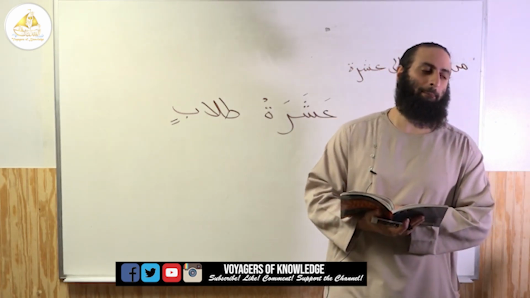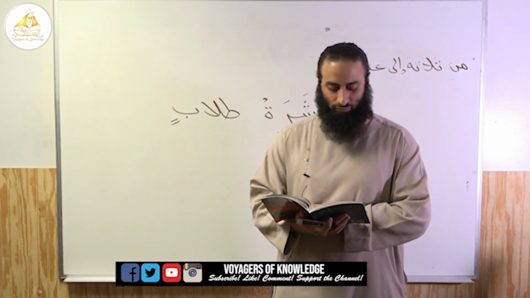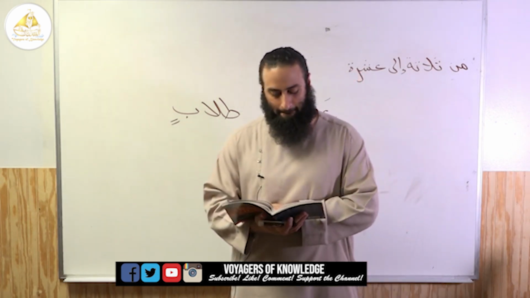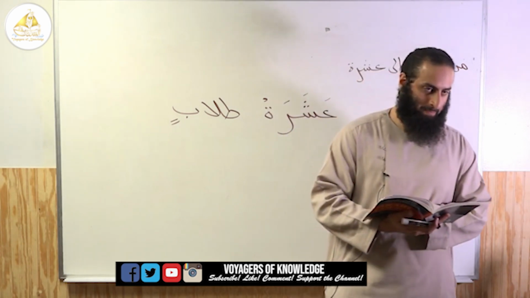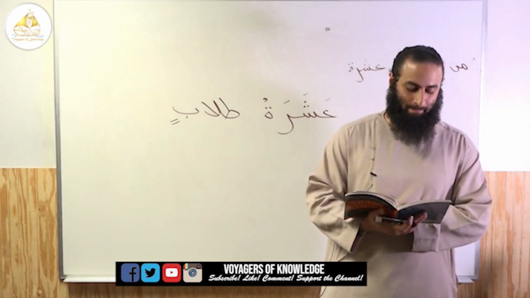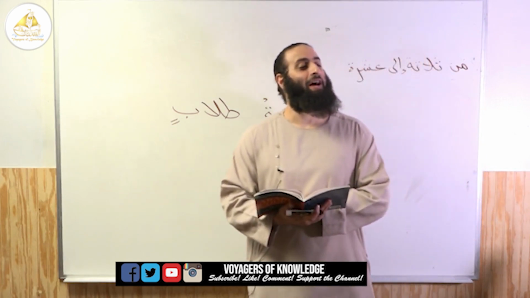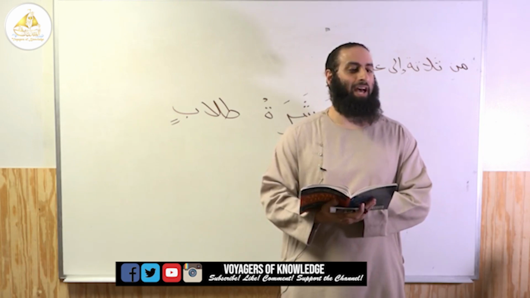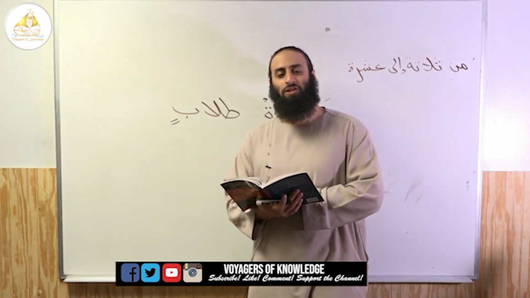Mudaffar. كم ابنا لك يا شيخ؟ How many sons do you have, Sheikh? لي سبعة. Ab, abna, abna'in. أبناء. So everything was good except for the number.